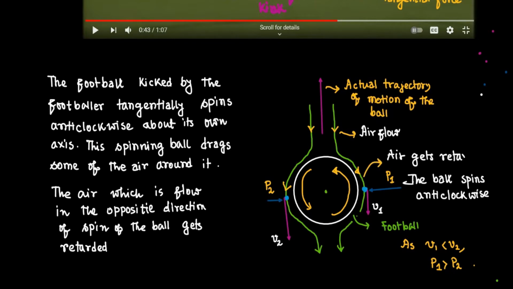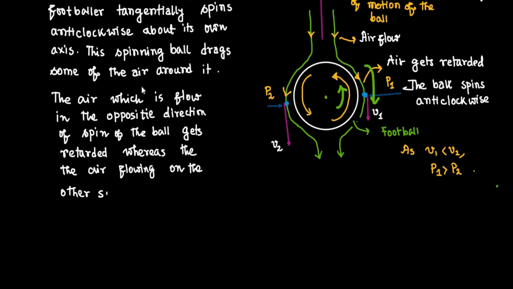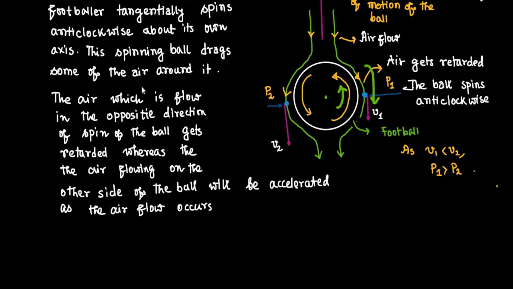Here we can denote the airflow on the right side of the football, and this air gets retarded because air is flowing in the opposite direction of the spin, whereas the air flowing on the other side of the ball will be accelerated, as this airflow occurs in the same direction of spin of the ball.